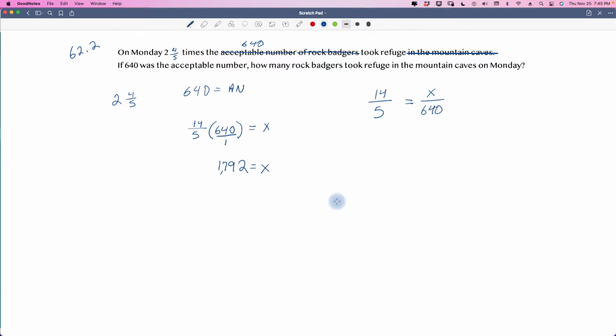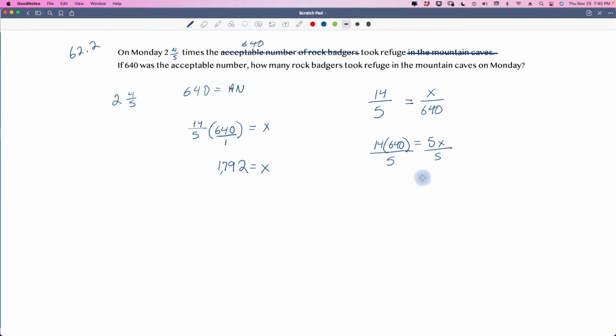So now we just cross multiply. And we get that 14 times 640 here is equal to 5x. Well, we just did that in the calculator, 14 times 640, and then we divide both sides by 5.